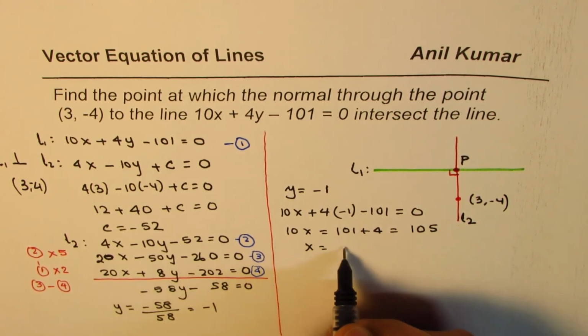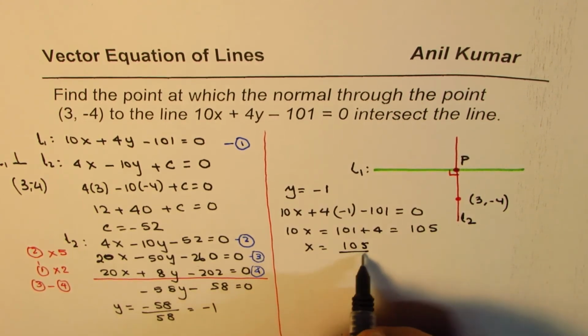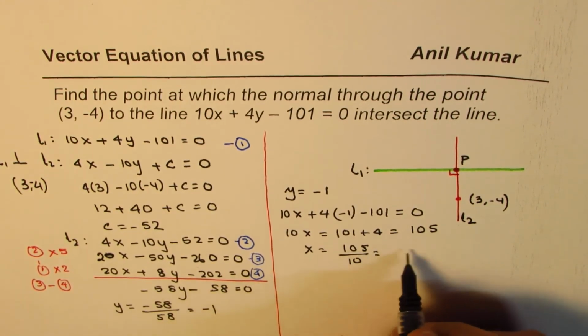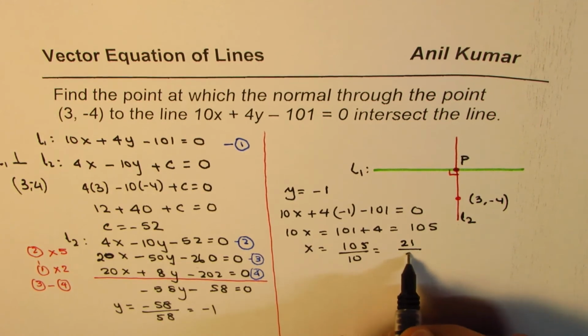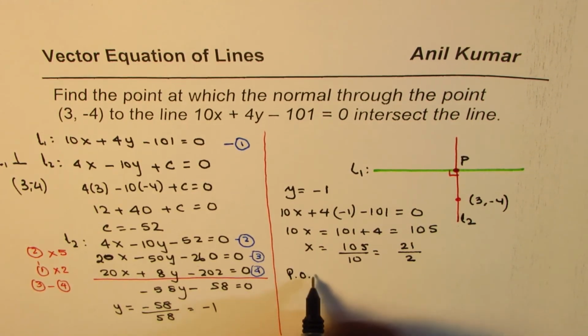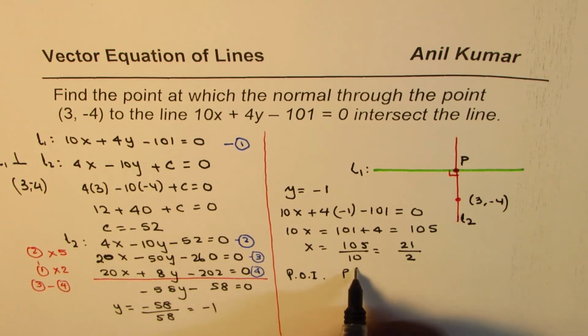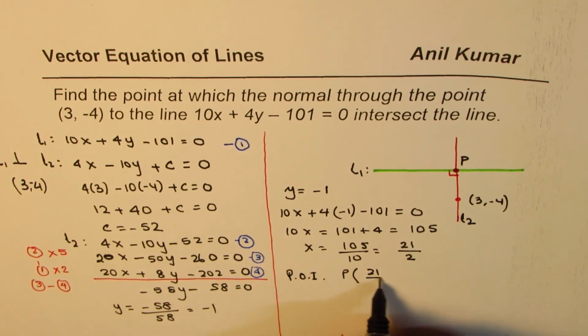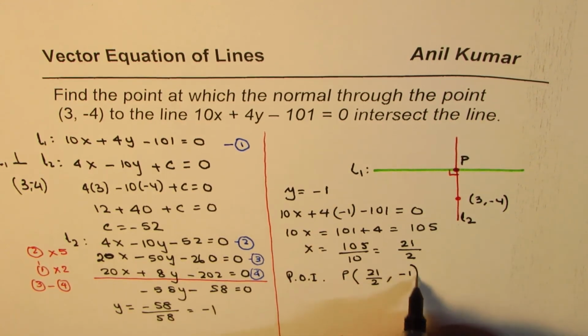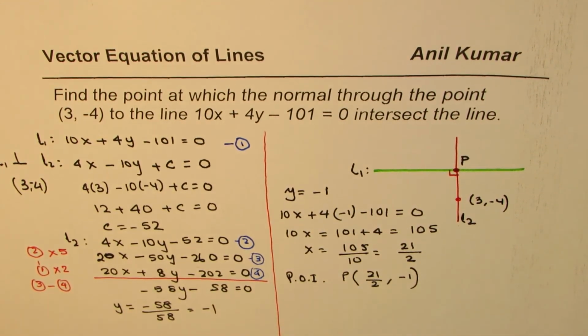So x equals 105 divided by 10. You can divide both by 5, so you get 21/2. So the point of intersection, let's say point P, is (21/2, -1). That is how you could solve such a question. So that is our answer.